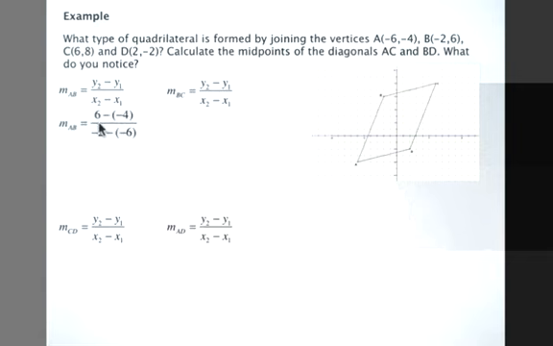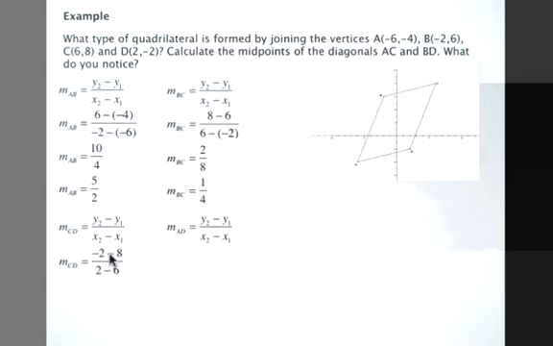Subbing in AB, 6 subtract -4 over -2 subtract -6. So this becomes 6 plus 4, which is 10, -2 plus 6, which is 4, which reduces to 5 over 2. For BC, 8 minus 6 over 6 subtract -2 becomes 2 over 8, which reduces to 1 over 4.